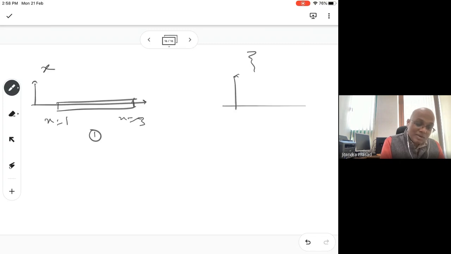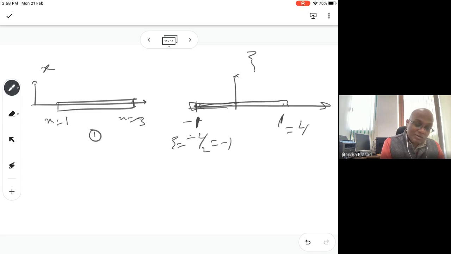Our xi system we have to look at, and our xi system goes from minus L over 2, meaning minus 1, to plus 1. So xi equal to minus L over 2 equal to minus 1, and xi equal to L over 2 is equal to 1.